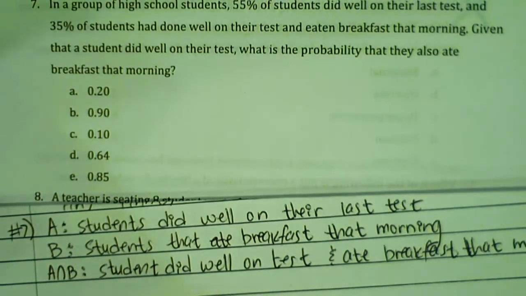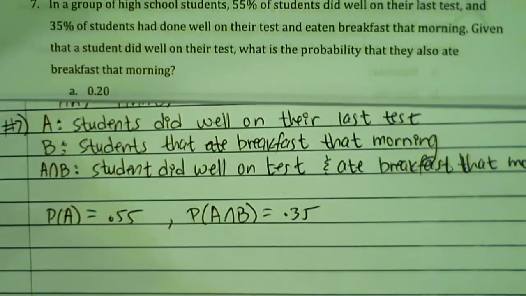So yes. Okay, so it's asking, given that a student did well on their test, what is the probability that they also ate breakfast that morning? So how do we find that? The probability of something given something else.